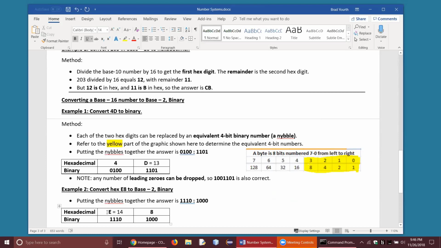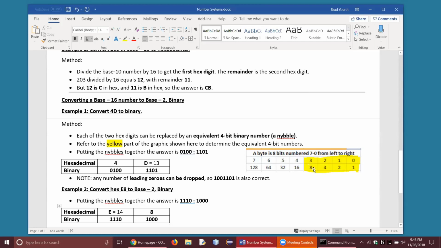Well, E is 14. See, how can you get 14 with these bits? You'd have to turn on the leftmost 3, wouldn't you? This 8 plus 4 plus 2 would make 14. This bit would be off. So it's 1, 1, 1, 0. How can you get 8, the second of the 2 hex digits?